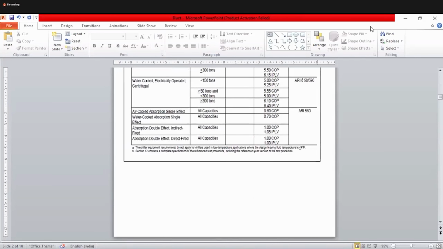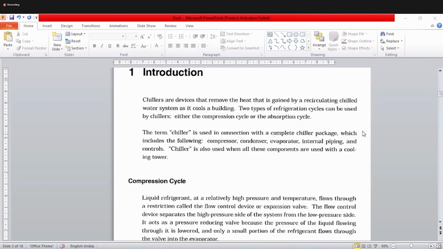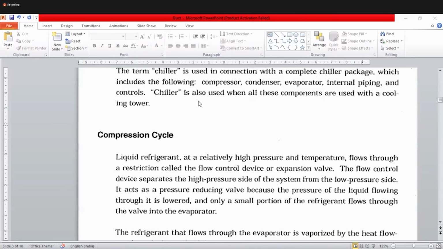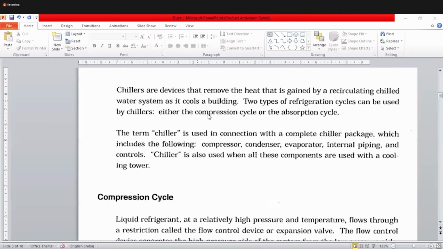So what are chillers basically? Chillers are devices that remove the heat gained by a recirculating chilled water system as it cools a building. Two types of refrigerant cycles can be used by chillers, either the compression cycle or the absorption cycle.